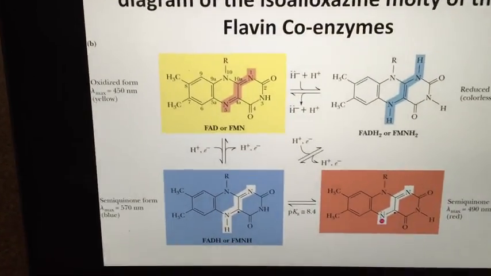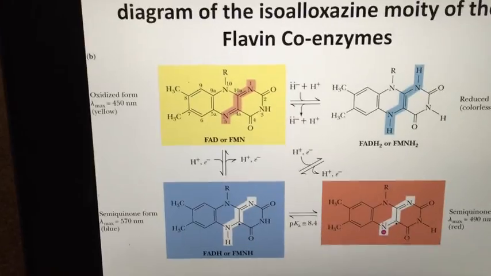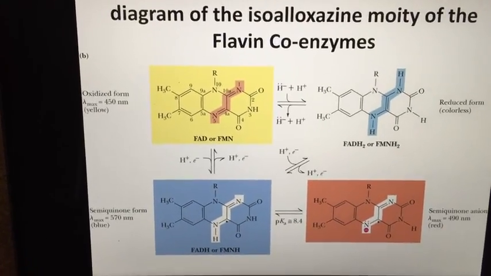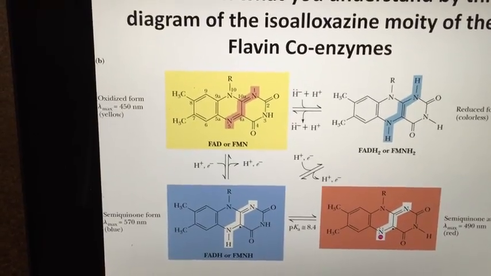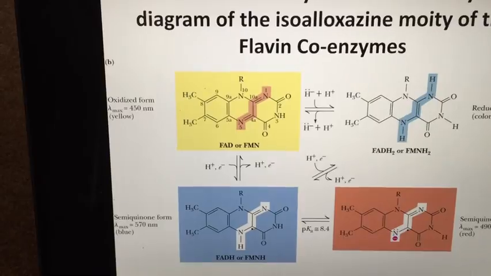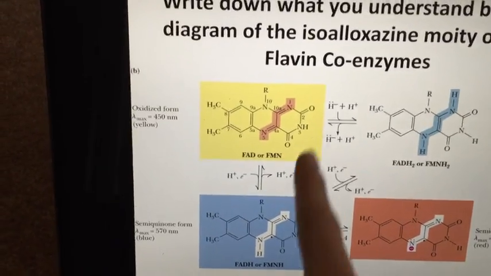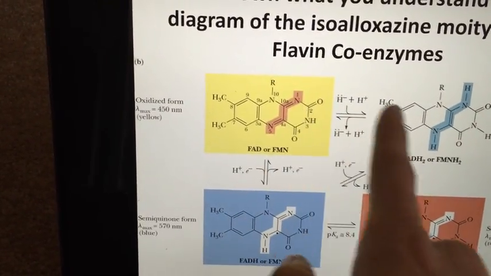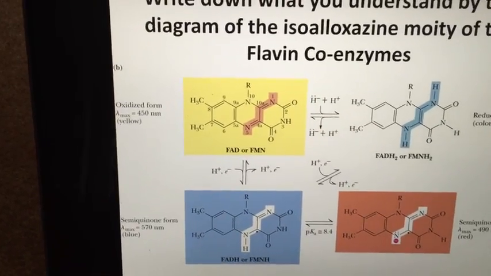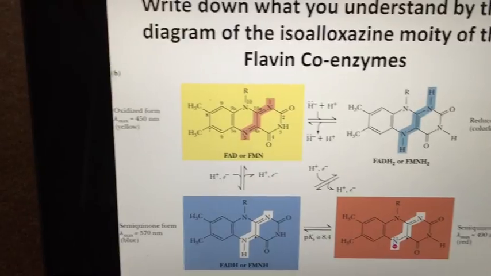So we can see a few things going on here, and it would be in your best interests to have a look at it and to write down what you think. I'm just going to make a few notes. Obviously, you want to see where the electrons are going. So again, a hydride ion, which is the negative hydrogen, can be added to FAD.